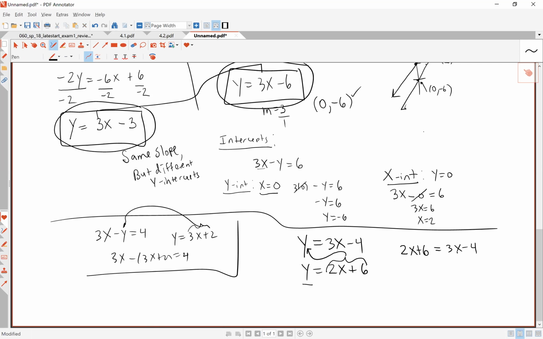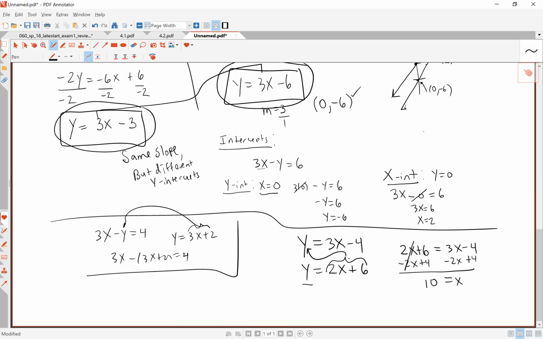Yeah, exactly. And so then you just would have to subtract 2x from both sides. And that gives you x on the right side, and then add 4 to both sides. And get 10. And then how would I find y?